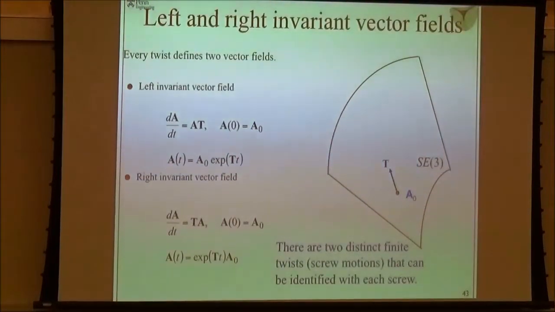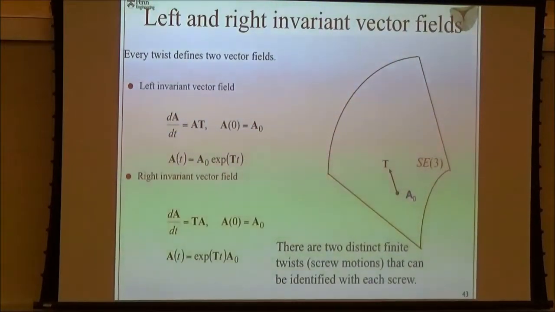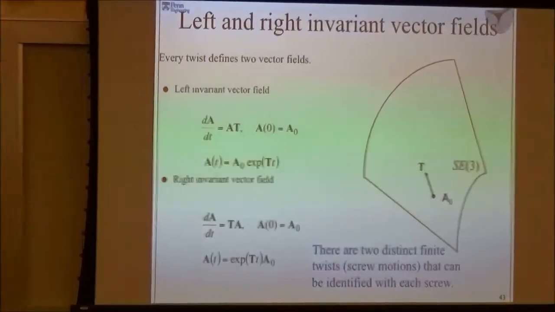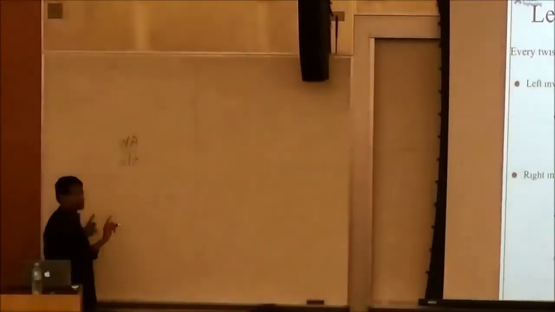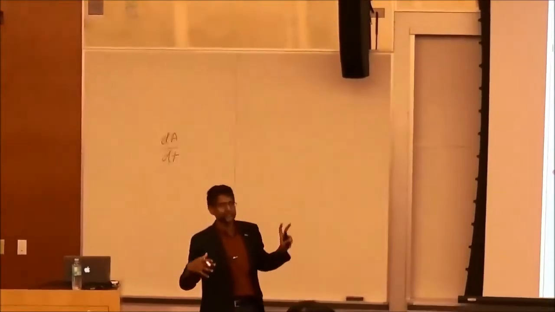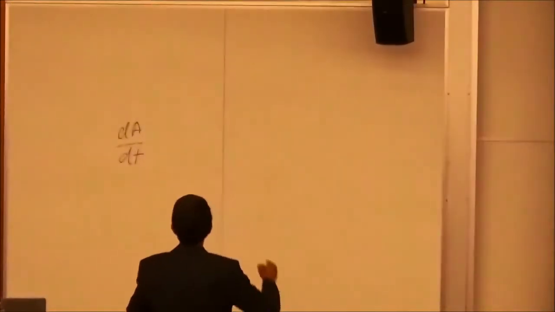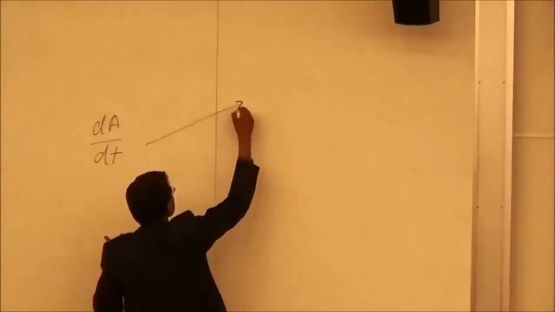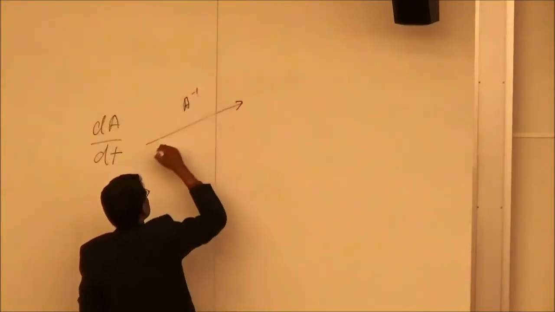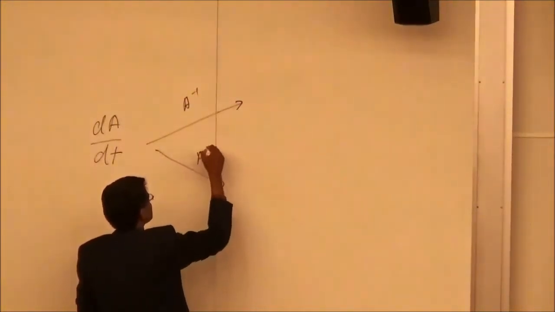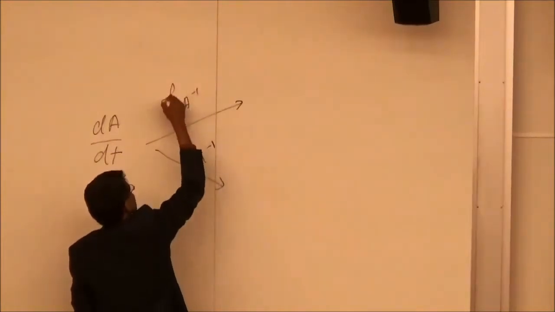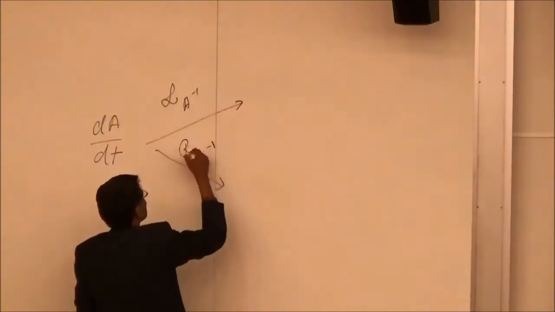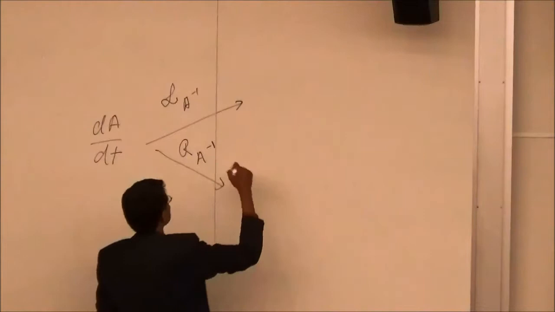black. Okay. So if you take dA dt, you have one of two ways of generating something sensible from it. One way is you pre-multiply by A inverse, and the other is you post-multiply by A inverse. So I'm going to call this multiply from the left, multiply from the right.